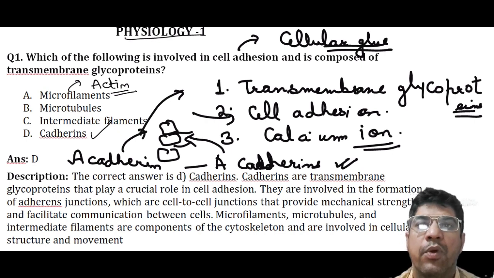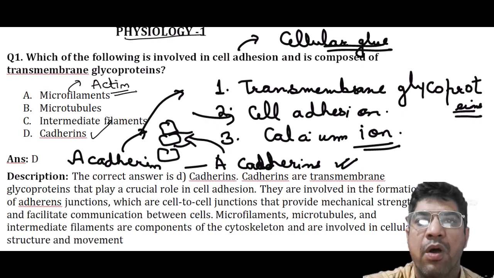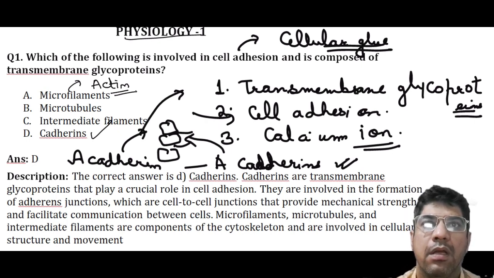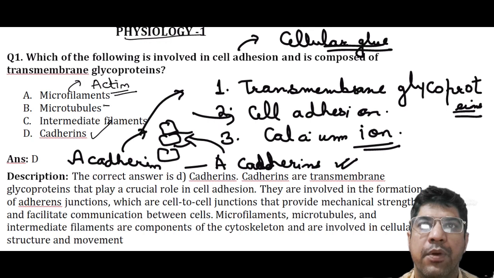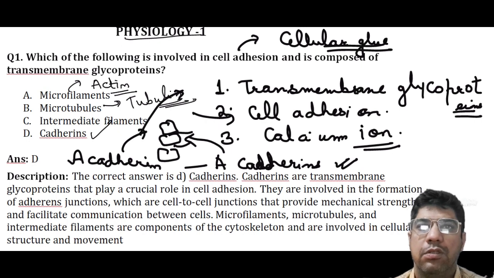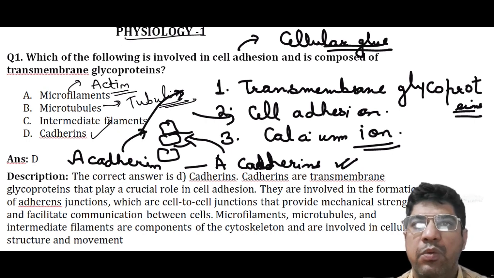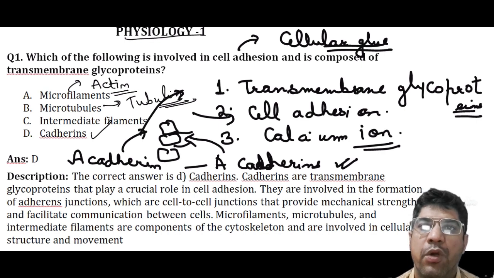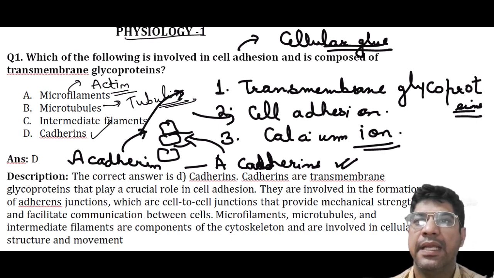Microtubules are another component of the cytoskeleton. They are made up of tubulin protein and serve as tracks for motor proteins like kinesin and dynein that transport cellular material.